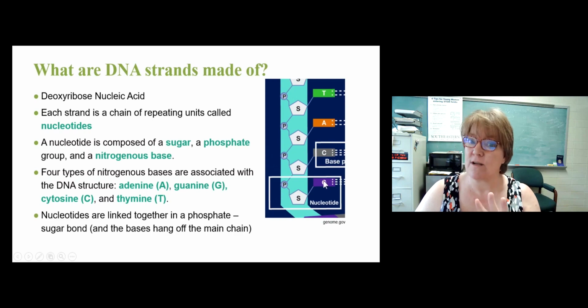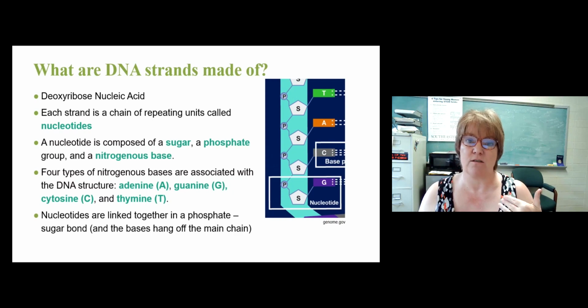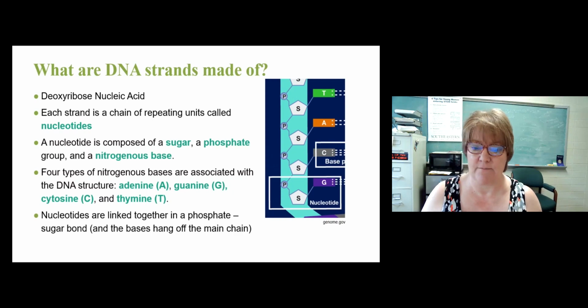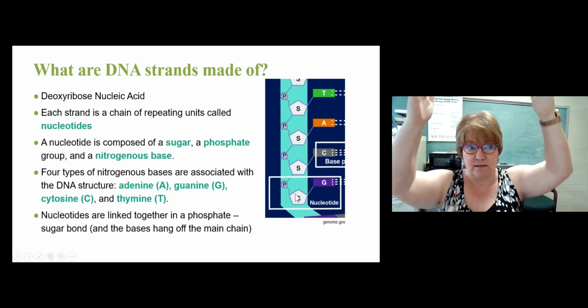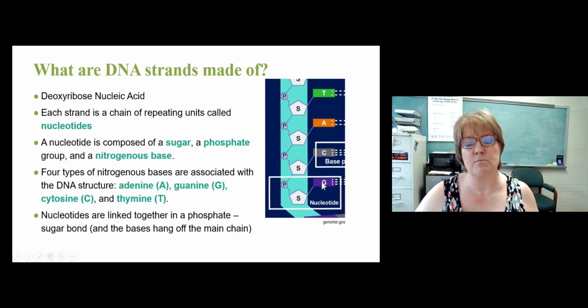And again, we have 4 nitrogenous bases: adenine, guanine, cytosine, thymine. Luckily, they all start with different letters, so we just use the first letter of each to identify it. The sugars and the phosphates make up the sides of the ladder. And again, these nitrogenous bases are the part that will connect one strand to another strand in the double-stranded DNA.